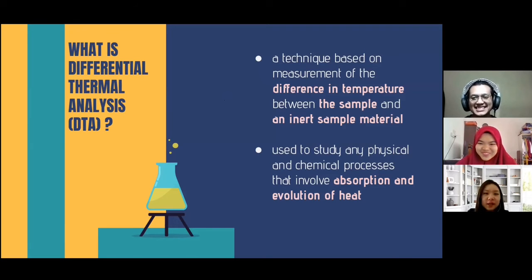Thank you, Alif. So what is differential thermal analysis? Differential thermal analysis, also called DTA, is a technique based on measurement of the difference in temperature between the sample and an inert reference material. It is used to study any physical and chemical processes that involve absorption and evolution of heat.